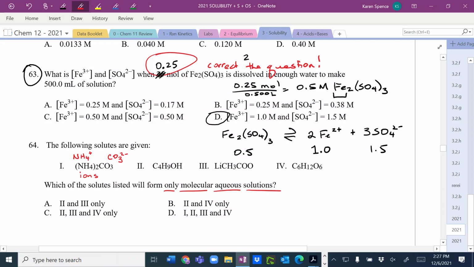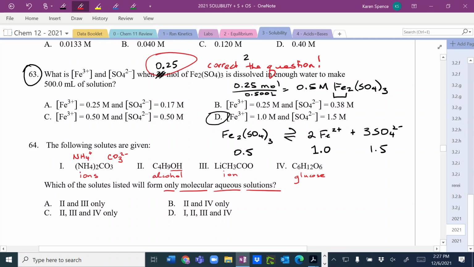Is that ionic? No, it's all nonmetals. This is actually an alcohol. Okay, alcohols end in OH. How about lithium acetate? Ionic. And C6H12O6? That is molecular, and that's glucose, actually.